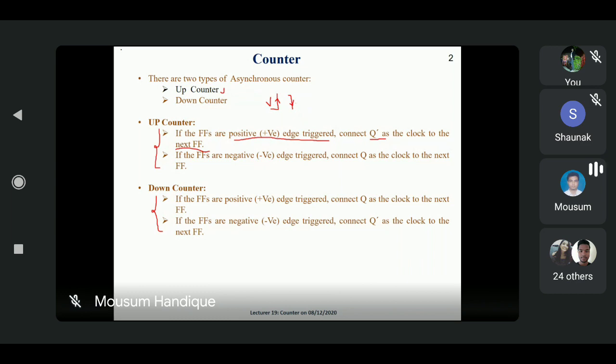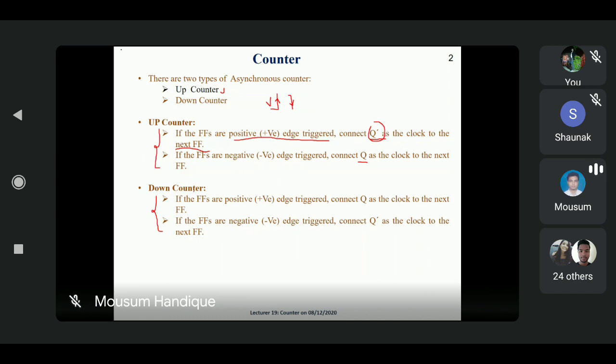For that purpose, we use Q bar as the clock to the next flip-flop. Suppose the flip-flops are negative edge triggered, then it is just the opposite: we can connect Q as the clock to the next flip-flop. This is the case for the up counter.